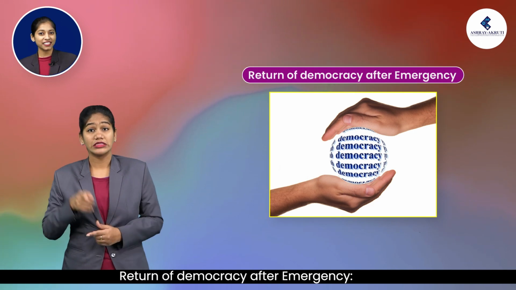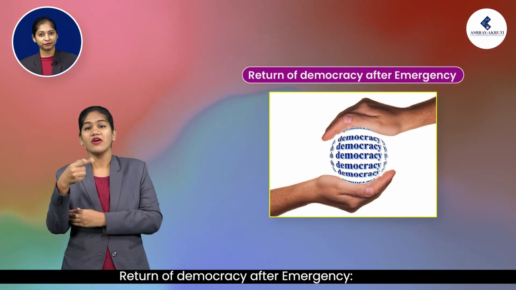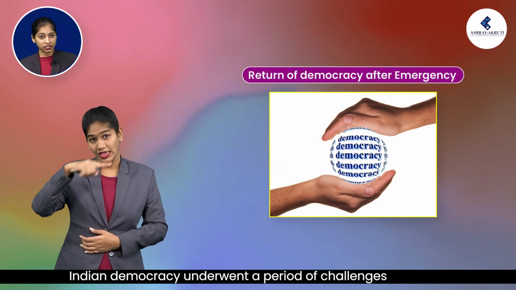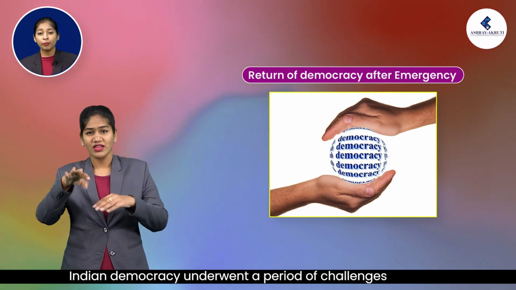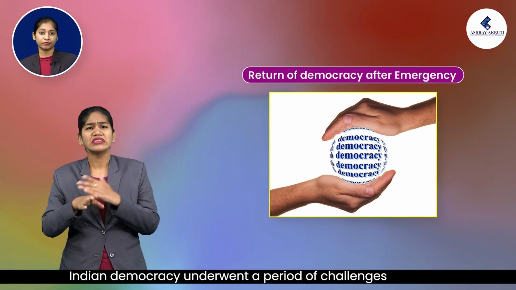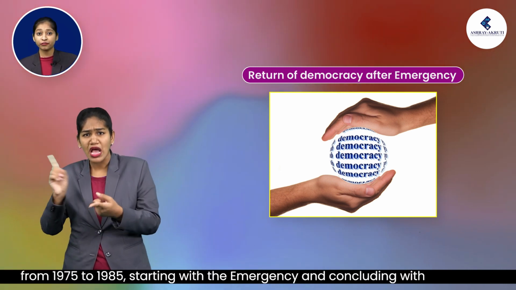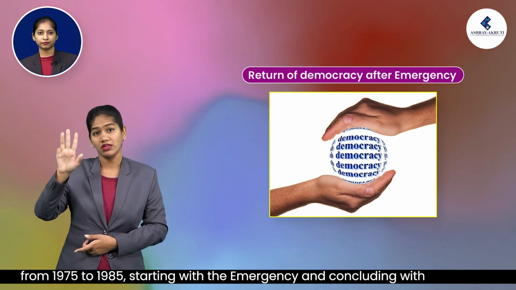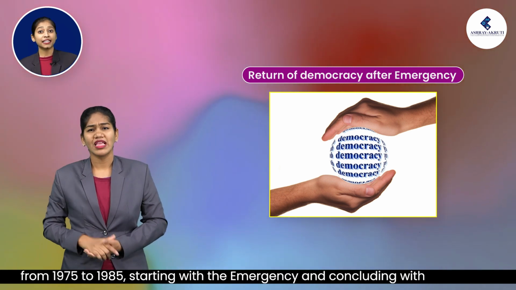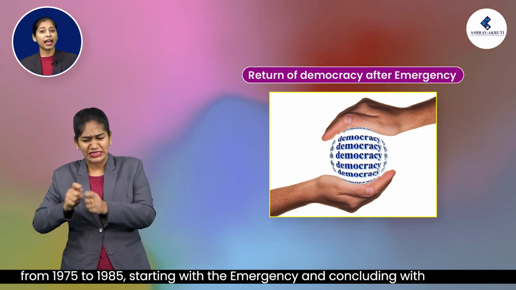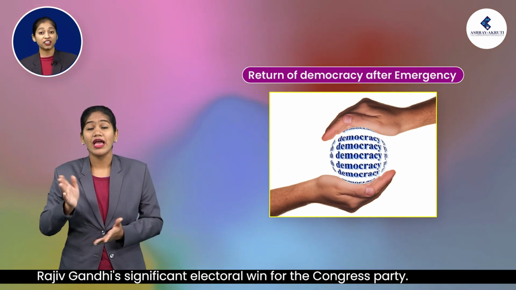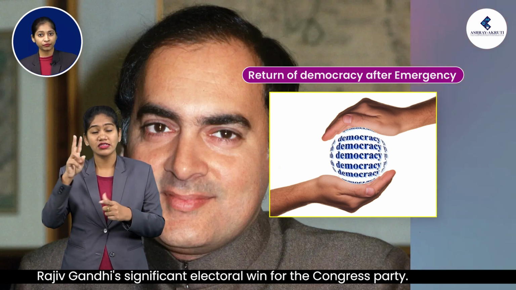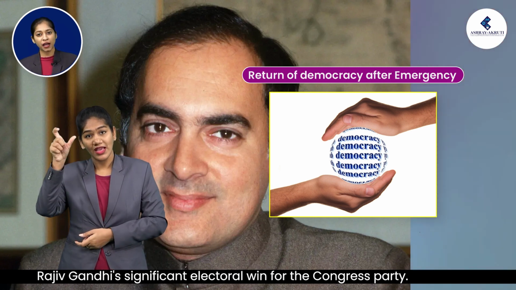Return of democracy after emergency. Indian democracy underwent a period of challenges from 1975 to 1985, starting with the emergency and concluding with Rajiv Gandhi's significant electoral win for the Congress party.